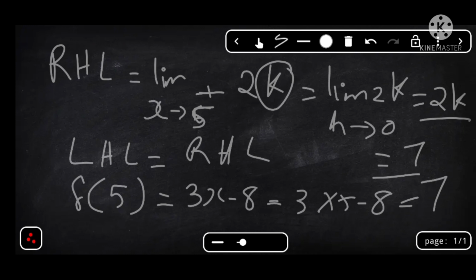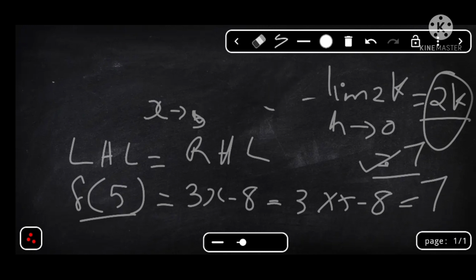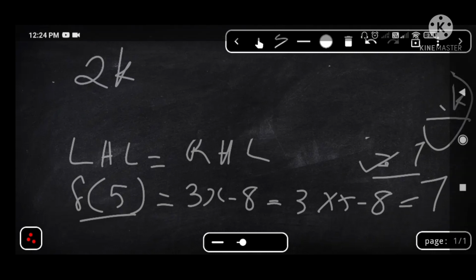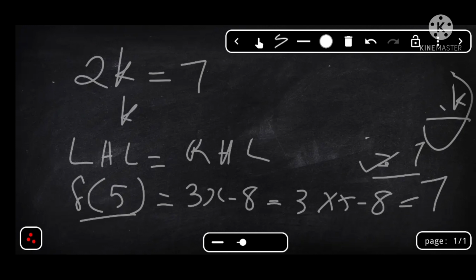LHL we already got as 7, so RHL also will be 7, right? So we wrote 2k as 7. Now f of 5 we also get as 7, and now we can find the k value by substituting like this: k equal to 7 by 2.